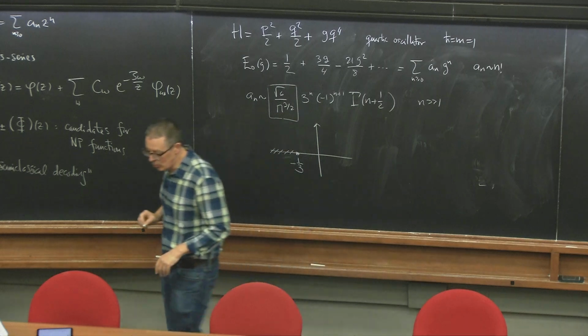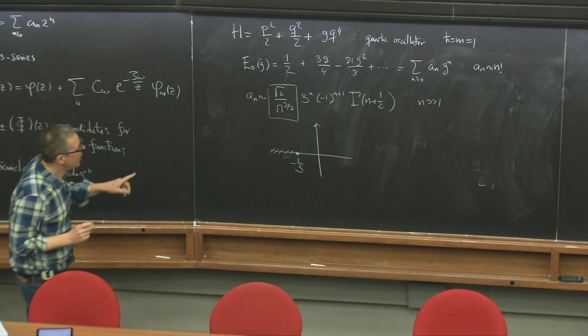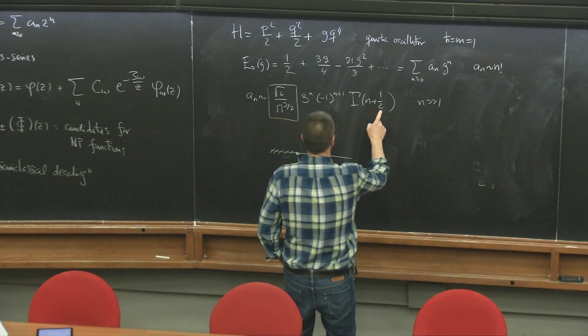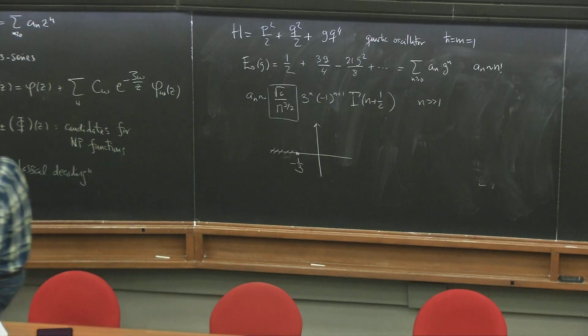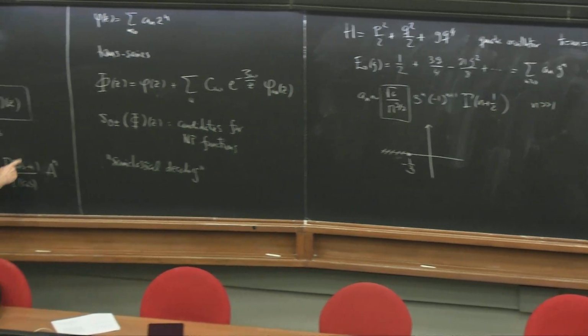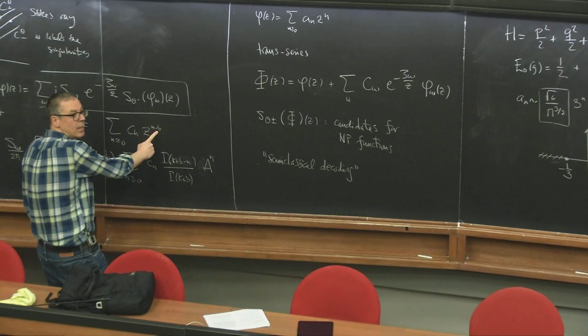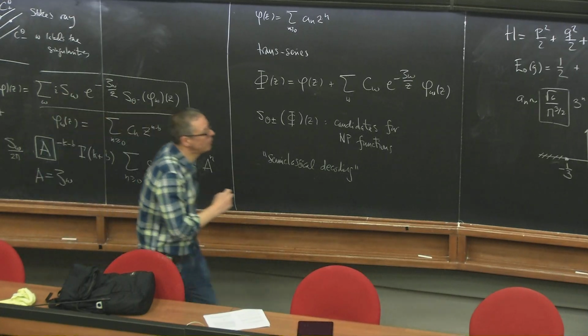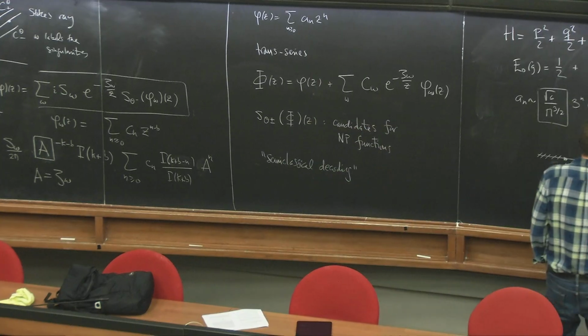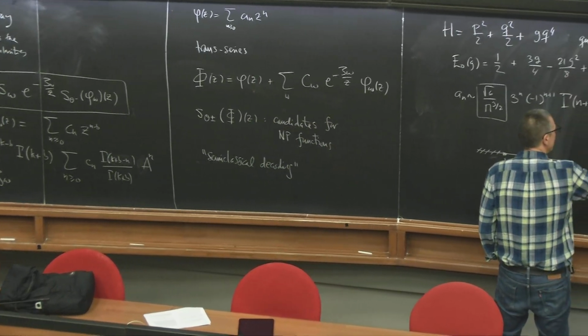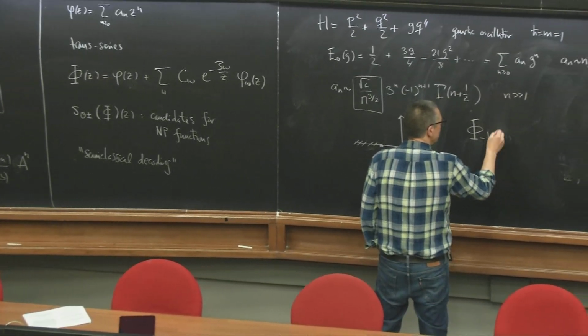That's the first thing you realize. And B here is 1/2, so there is going to be 1/z to the 1/2. So let's write down the trans-series associated to this that you could get.